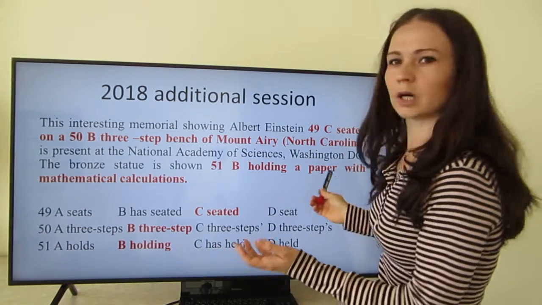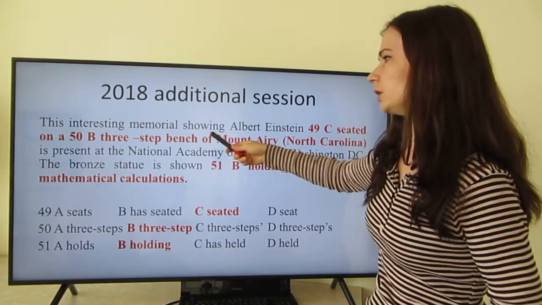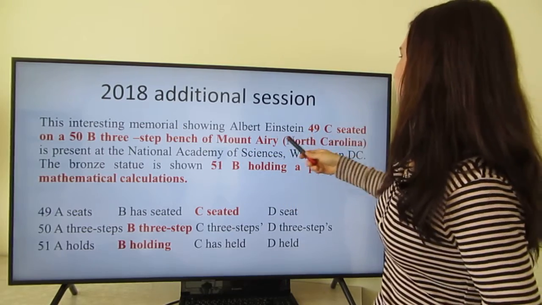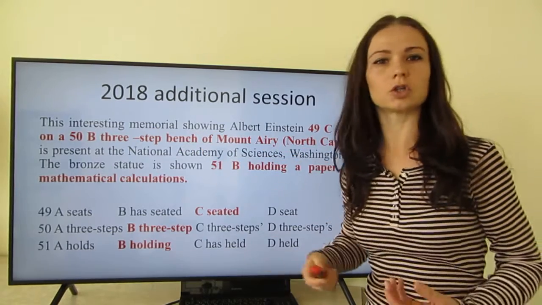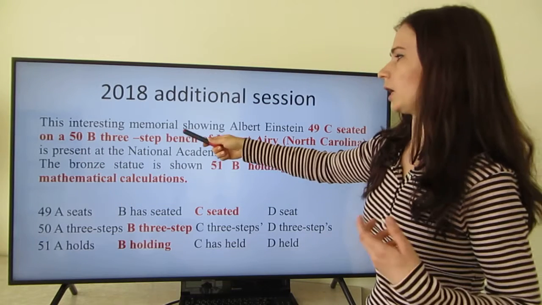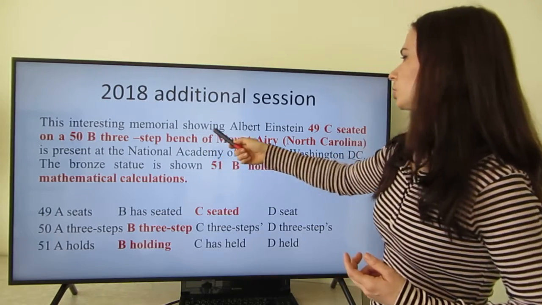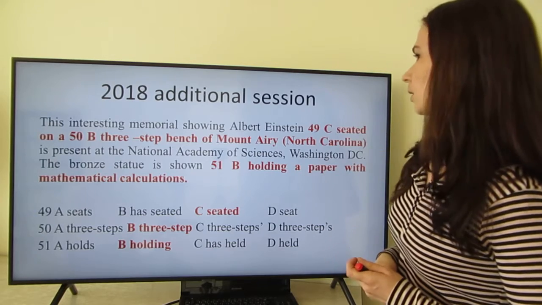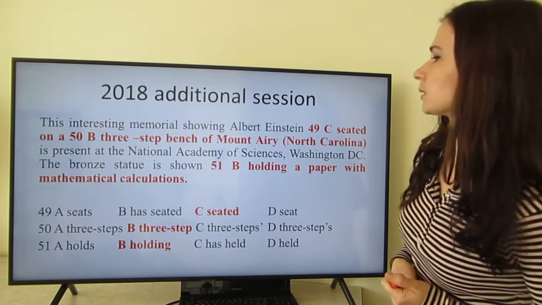And the rest of it are clauses. Which memorial? Which shows Albert Einstein. Showing, so we need a clause here, present participle. Einstein, who is seated. So all these, okay, are clauses. And the main clause, memorial, is present. So we have 2 participle clauses in this sentence, showing Albert Einstein and Einstein, who is seated. The broad state is shown holding a paper with mathematical calculations.